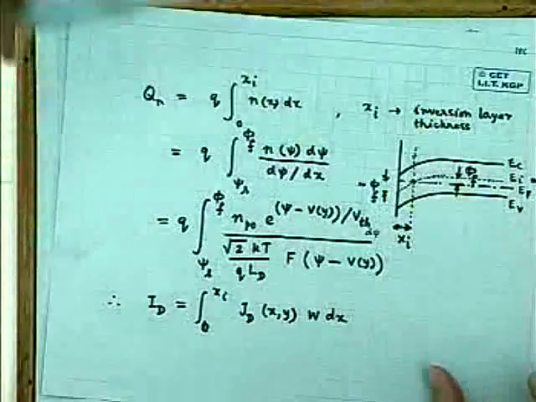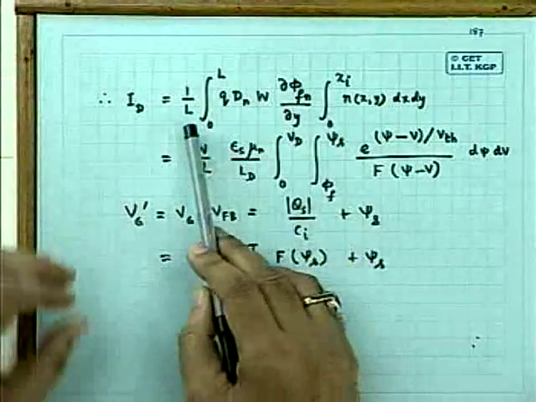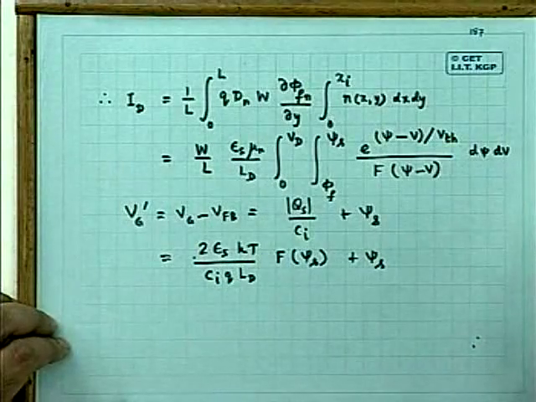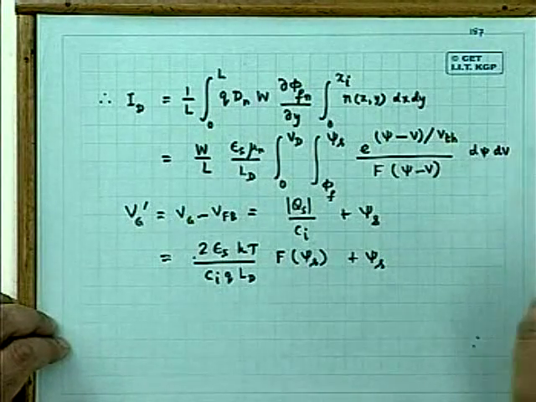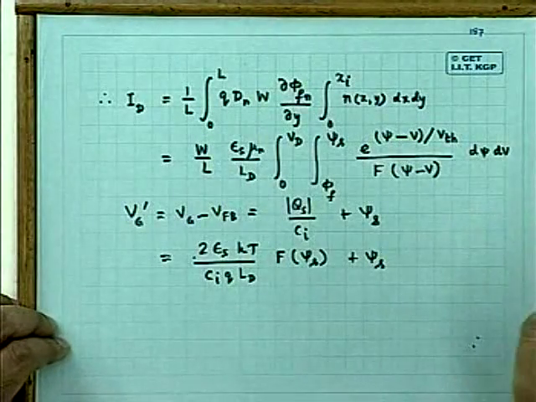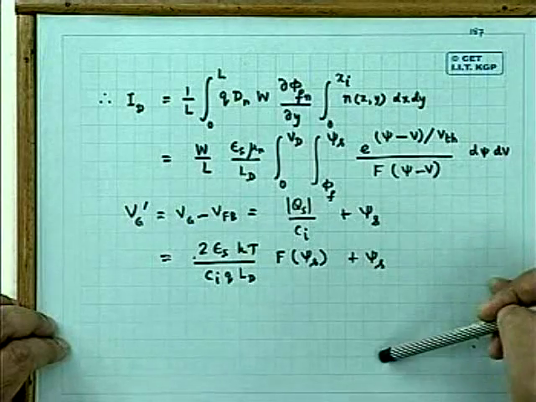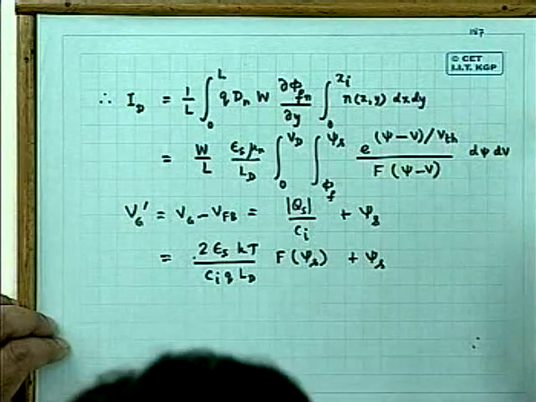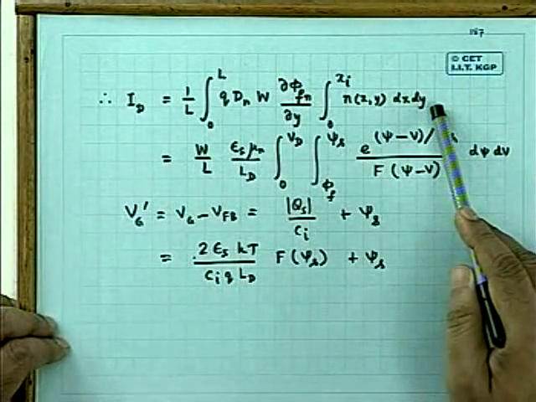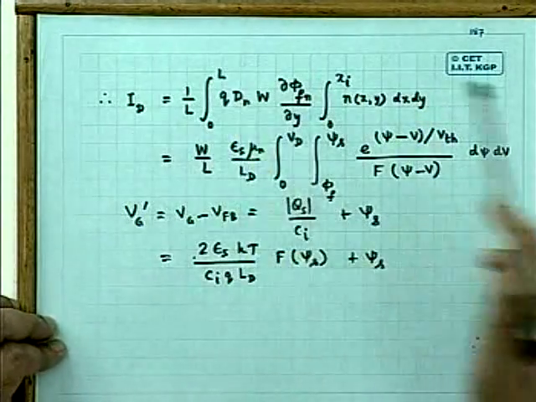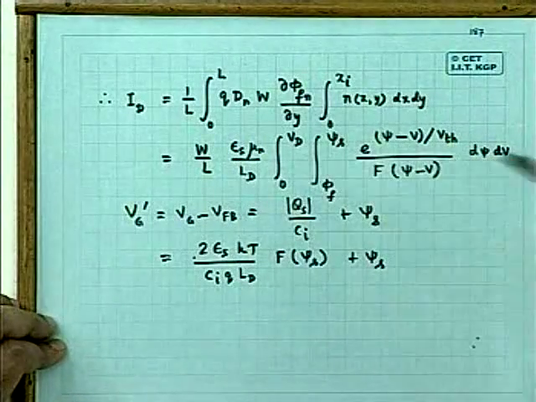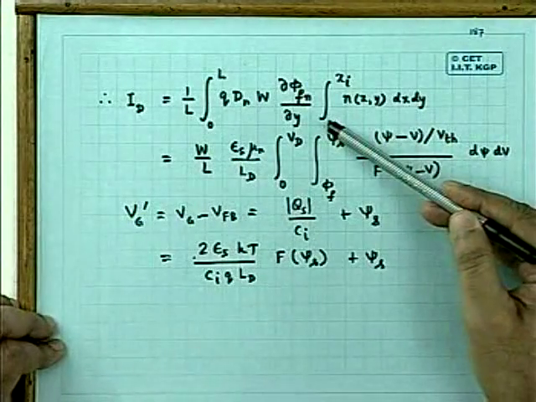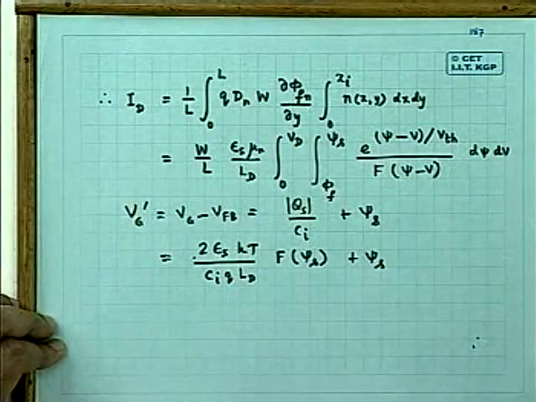So nxy, substituting that here, it becomes a double integral over x and y. X is perpendicular to the surface, that is perpendicular to the channel, and y is along the channel. Along the channel integration is from 0 to L, and perpendicular to the channel integration is from the surface to a depth xi.